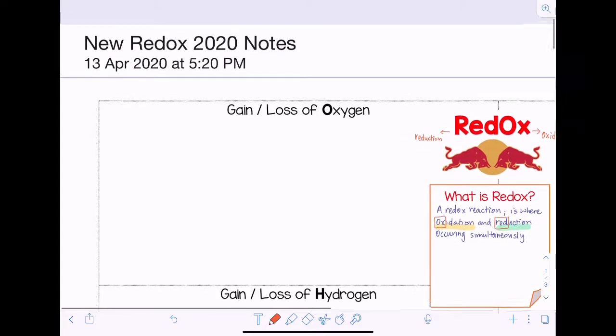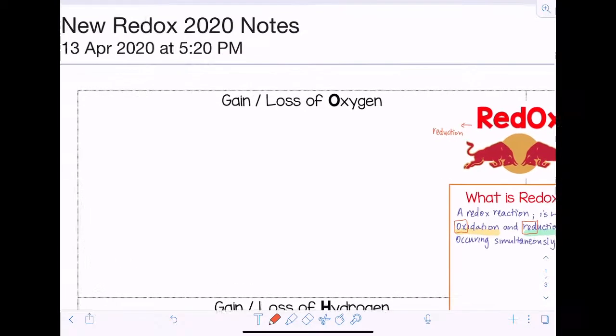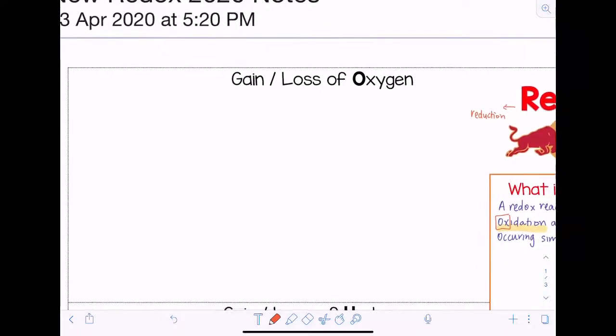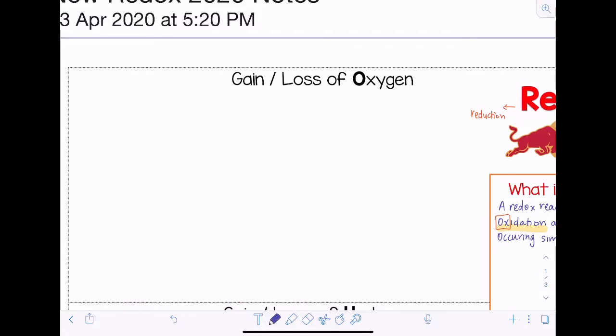So we are going to zoom in, in fact, to this one, right over here, our first box over here. We want to understand what oxidation is in terms of oxygen. So in terms of oxygen, this is what oxidation is.